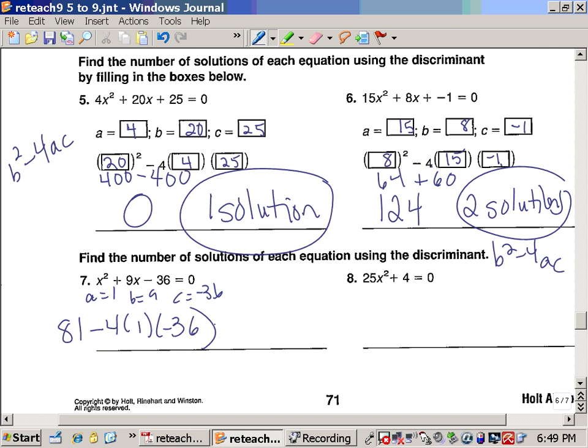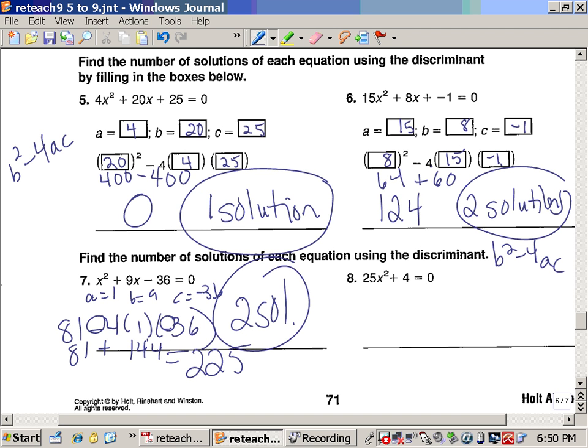Now this is going to be a positive number. This is 144. And then when I add together 81 and 144, see how there's two negatives here? That gives me 225. This is a positive number, so I'm going to have two solutions.